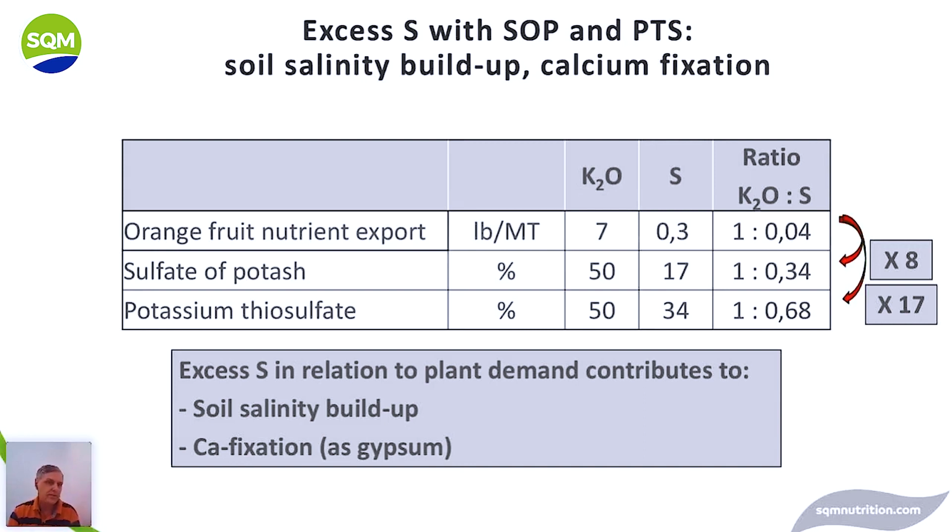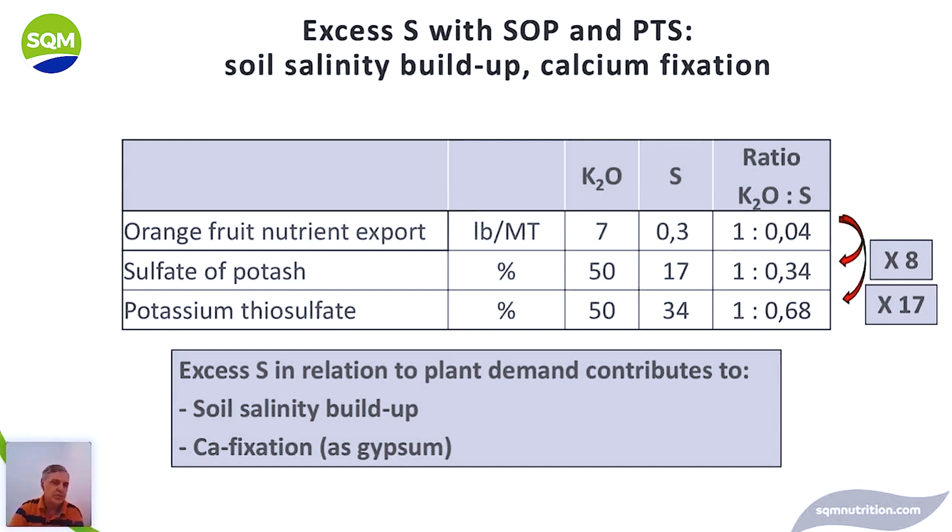And if we really increase the amount of sulfur to higher levels, I can also start to lose some calcium present in my soil, through calcium fixation, through gypsum formation. When calcium meets sulfur in solution, you have gypsum formation. It's the same principle as why, for those who work with fertigation, we cannot mix, for example, calcium nitrate with sulfate of potash in the same fertigation tank, because then you see gypsum precipitation at the bottom of the tank.